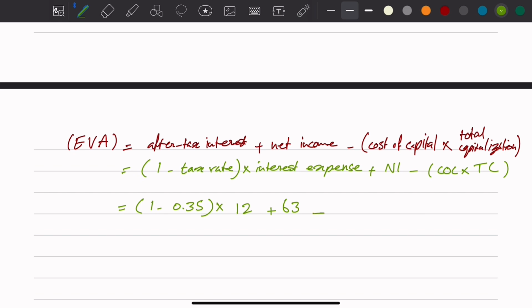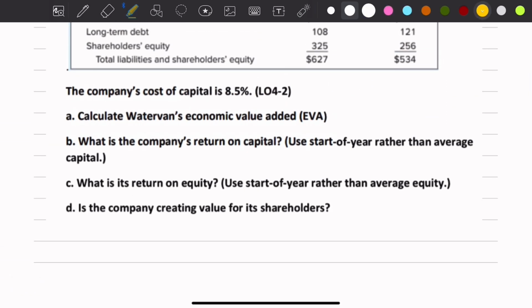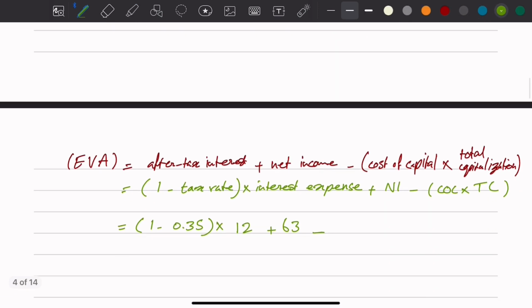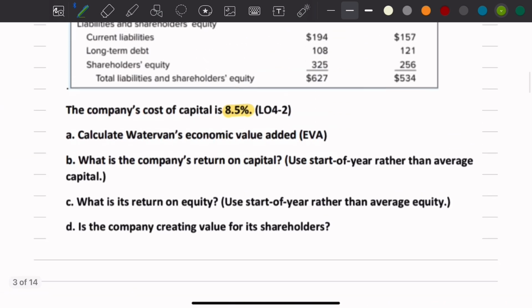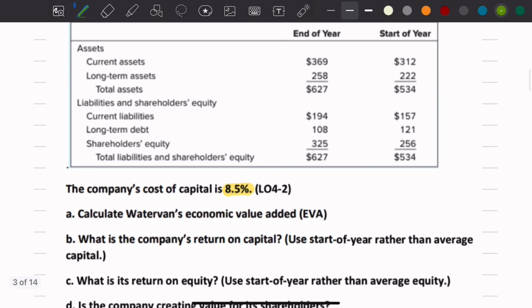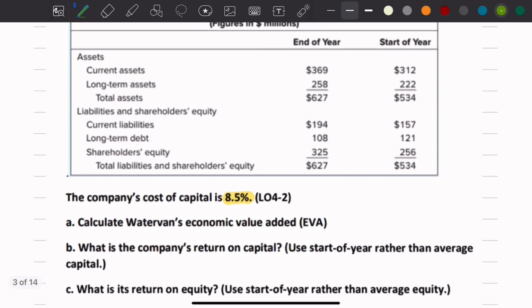Minus the cost of capital, 8.5%, which is 0.085, multiplied by the total capitalization. The total capitalization is the sum of the long-term debt and the shareholders' equity. For us here, the long-term debt at the start of the year is 121 million, and the shareholders' equity is 256 million.